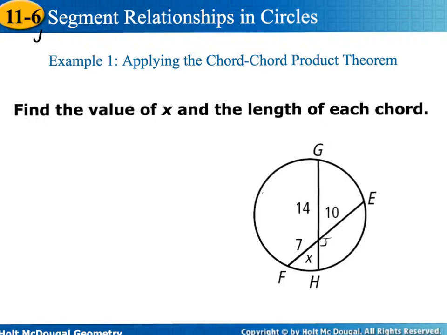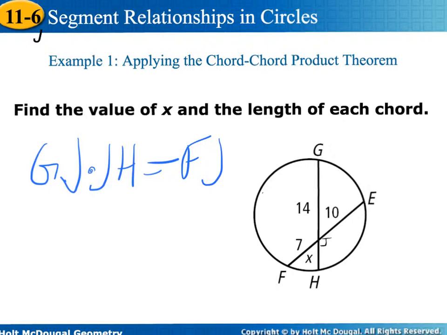Find the value of x and the length of each chord. So first, let's find the value of x. I see that my two chords cross each other, so I know this chord breaks up into two pieces. Those two pieces multiplied by each other, GJ times JH, is going to equal these two pieces multiplied, FJ times JE.